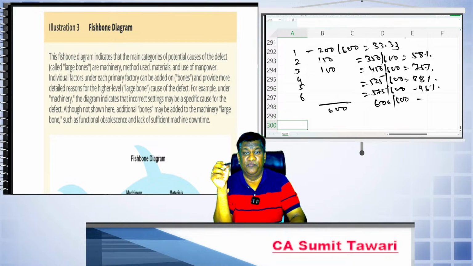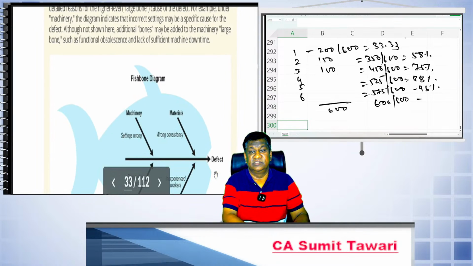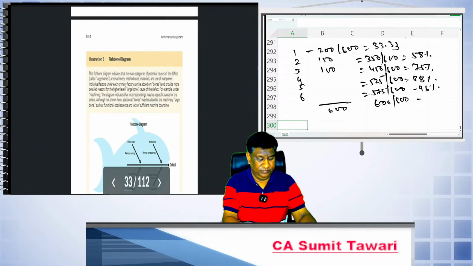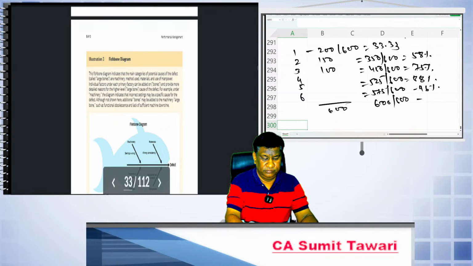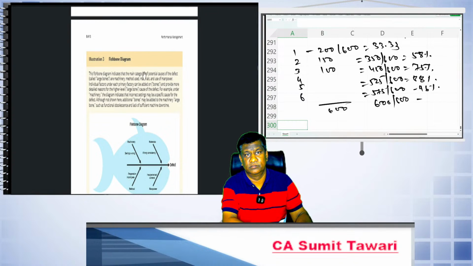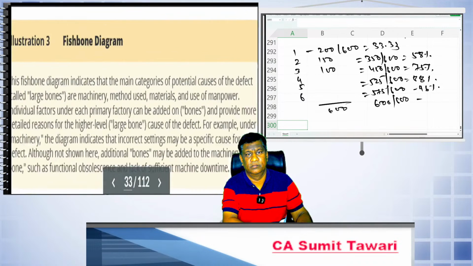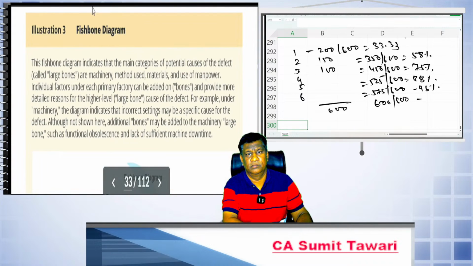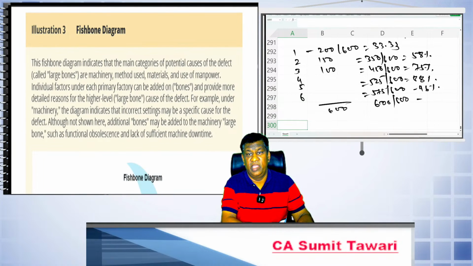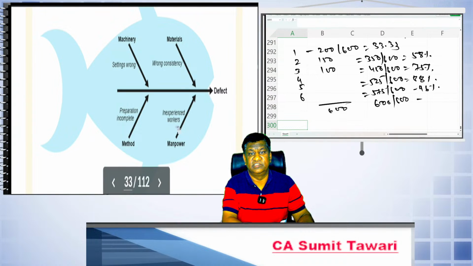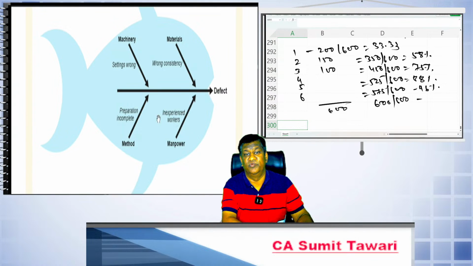The horizontal line is basically the bone, and each factor of inefficiency gets attached to this bone like this.